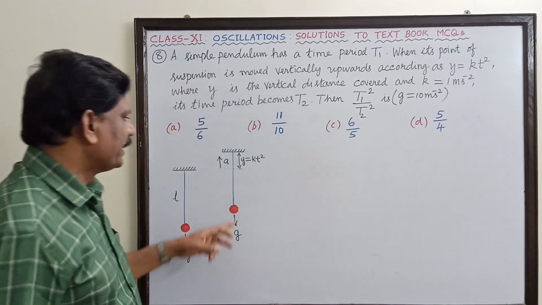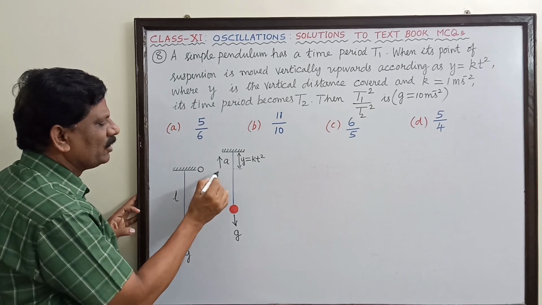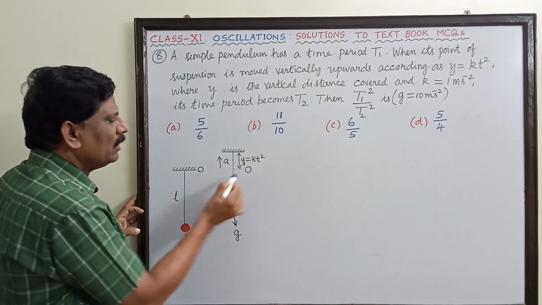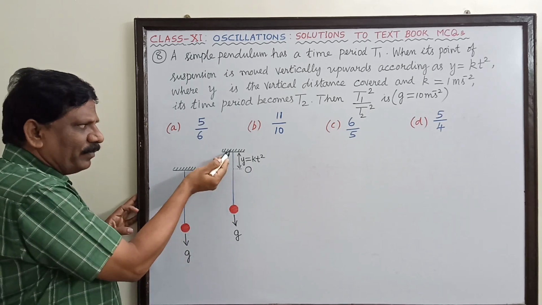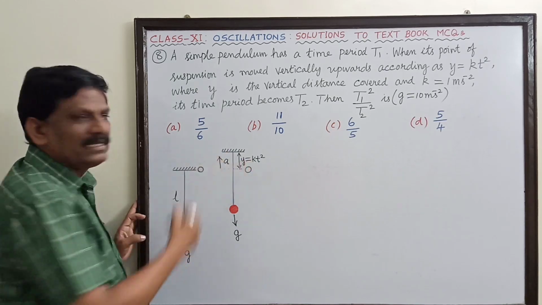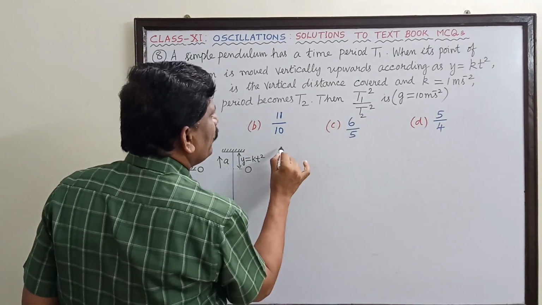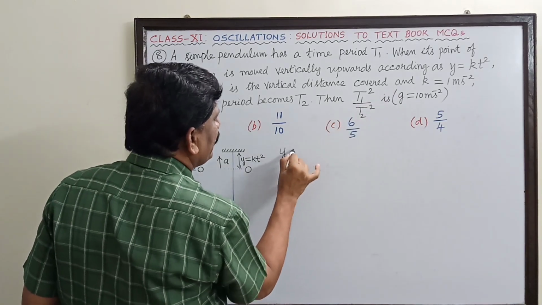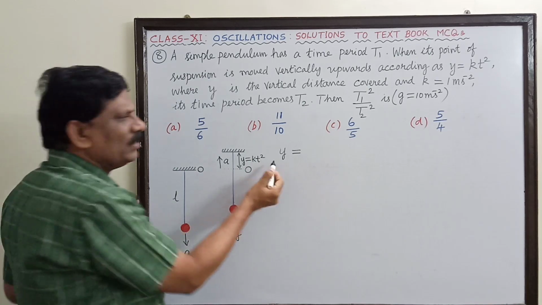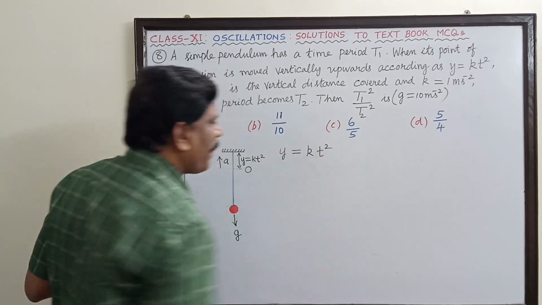In the second picture you can see that with respect to its mean position O, the point of suspension is accelerating upwards as per this equation. So what is the equation given?